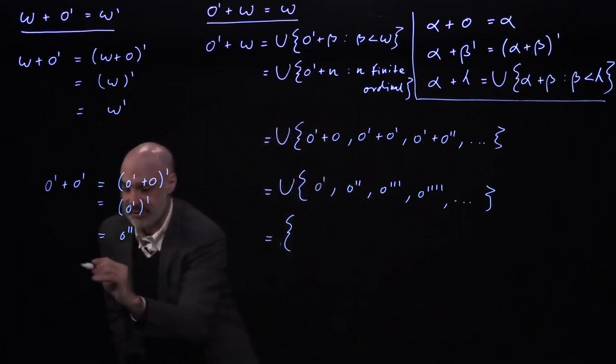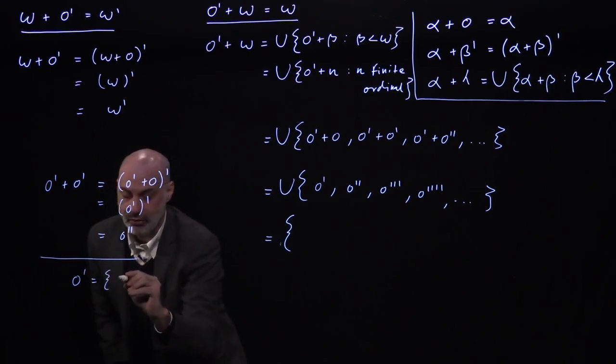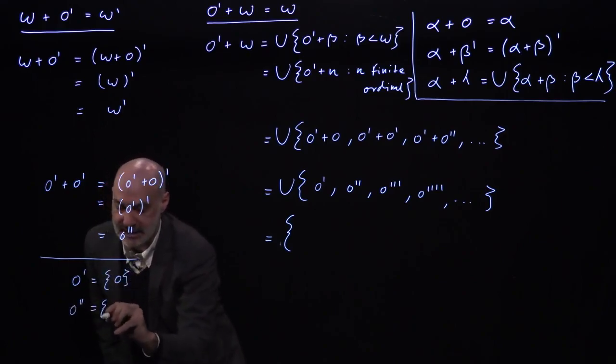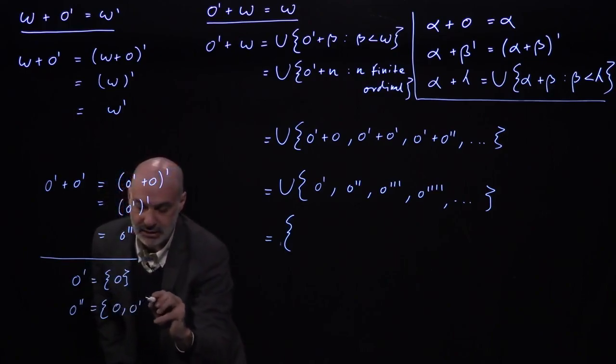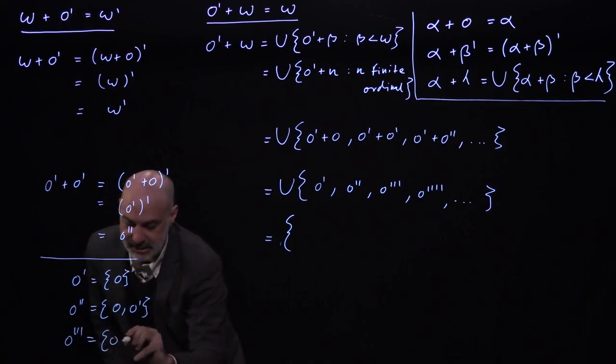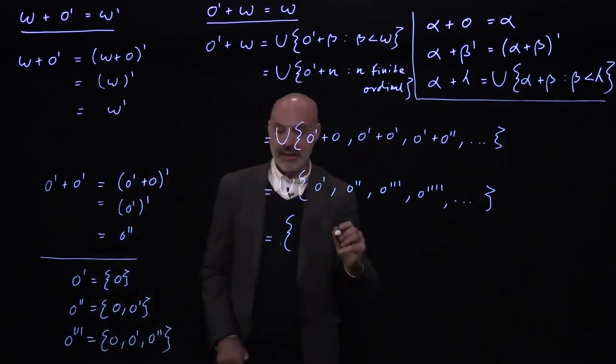So let me write these down just so we know what they are. 1 is just the set containing 0, 2 is the set containing 0 and 1, 3 is the set containing 0, 1, and 2.